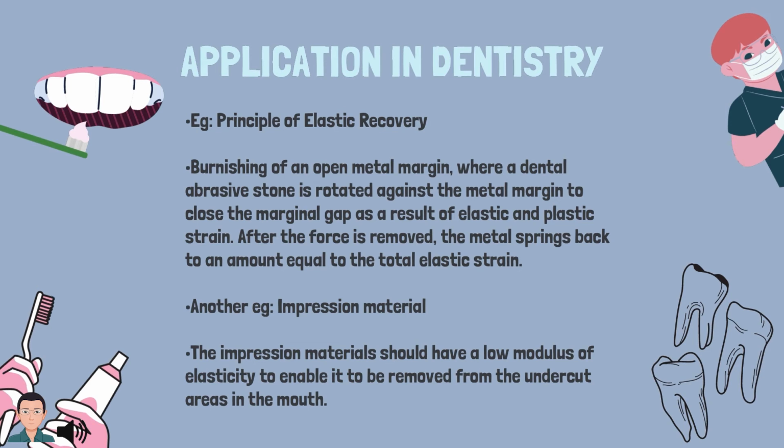Let's say a burnishing of an open metal margin, where a dental abrasive stone is rotated against the metal margin to close the marginal gap as a result of elastic and plastic strain. After the force is removed, the metal springs back an amount equal to the total elastic strain. Another example is the impression material. Impression materials should have a low modulus of elasticity to enable them to be removed from the undercut areas in the mouth.